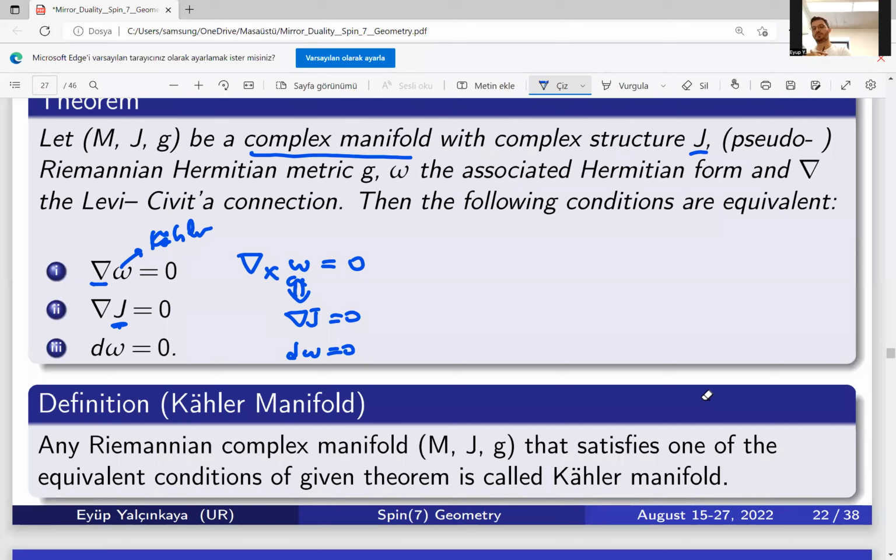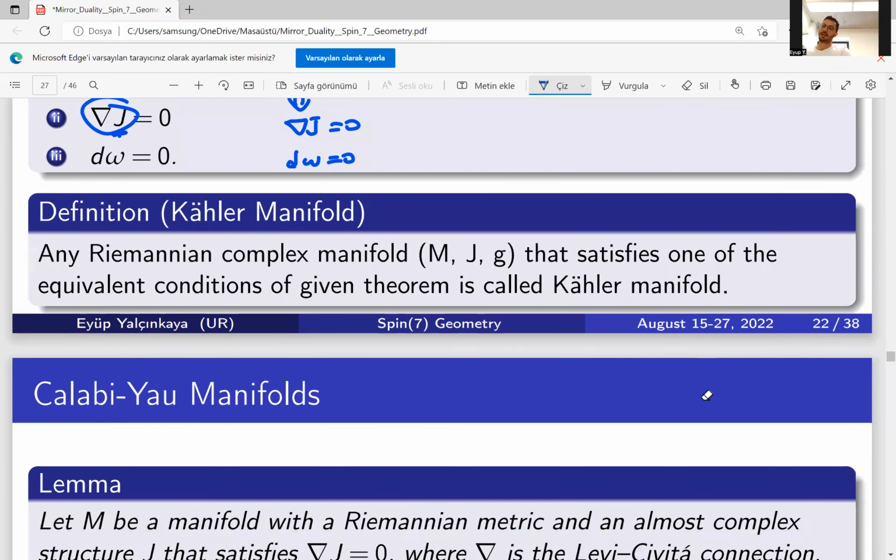You can preserve J in every direction. If you take the derivative of the two-form, you will find 0, or if you take nabla J it has to be 0, meaning that for each direction you have to preserve that almost complex structure, and this is named the Kähler manifold.